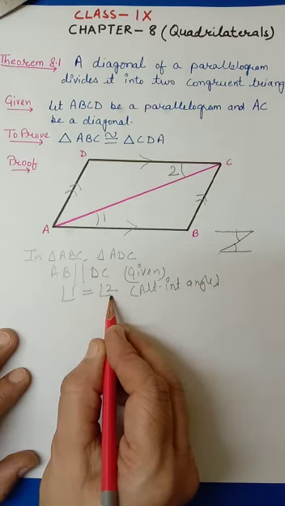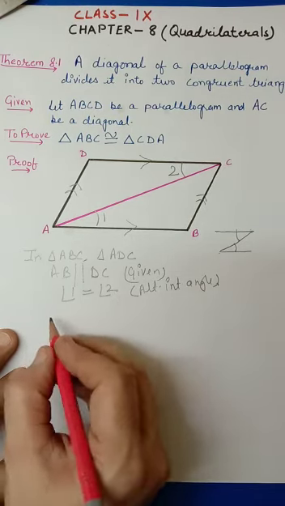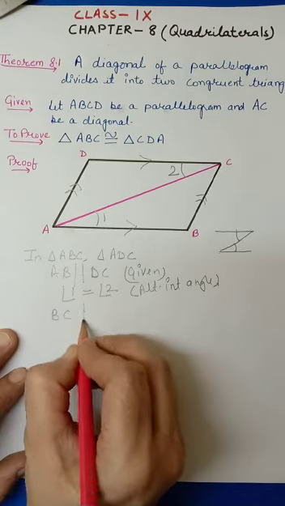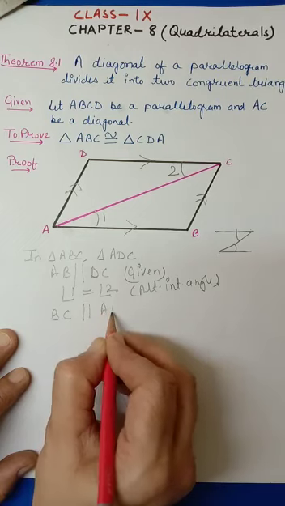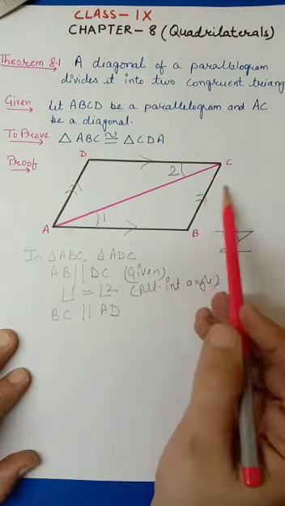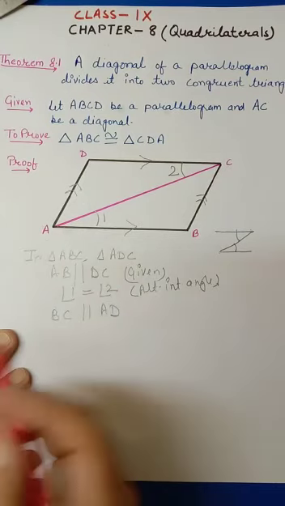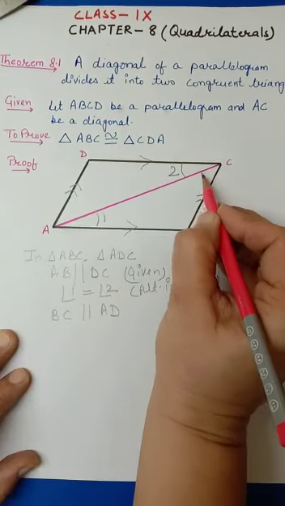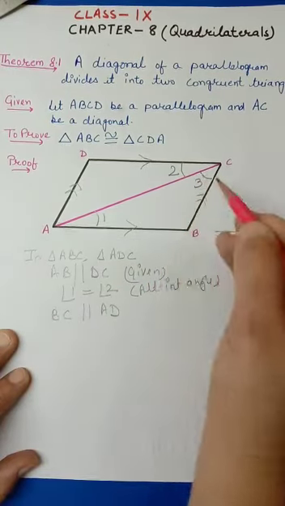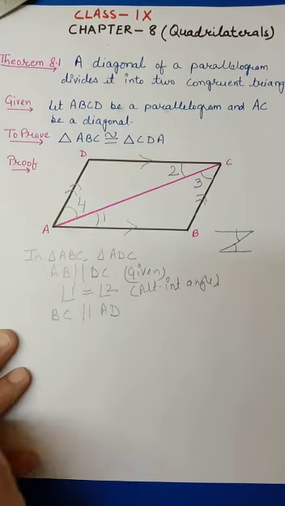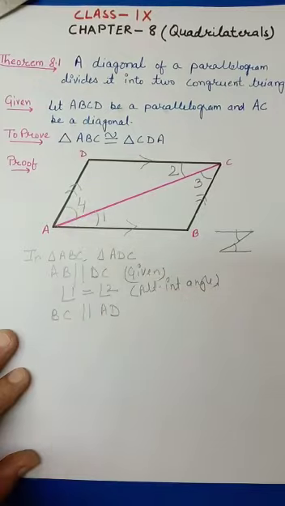One more thing is given due to this parallelogram property, that BC is parallel to AD also. Therefore we can write down here that angle 3 is equal to angle 4.